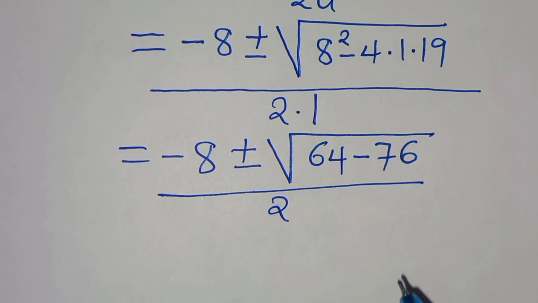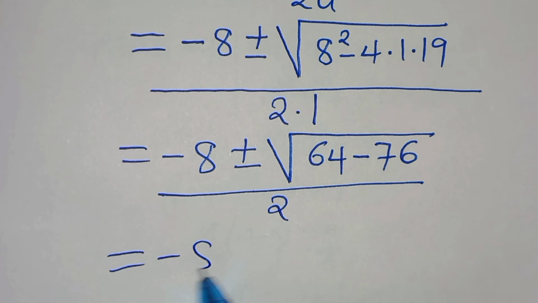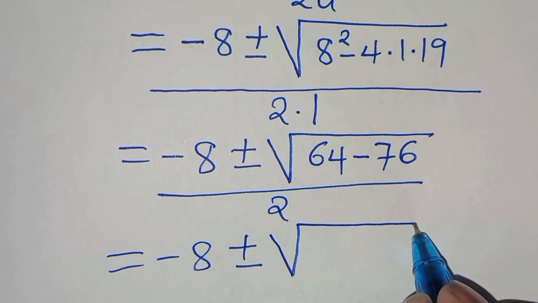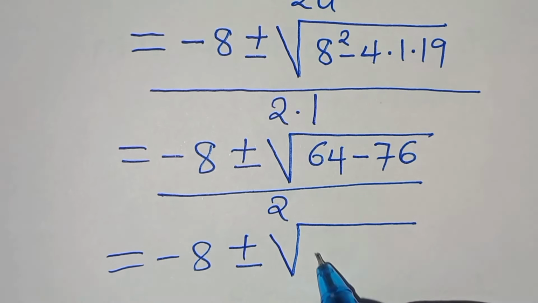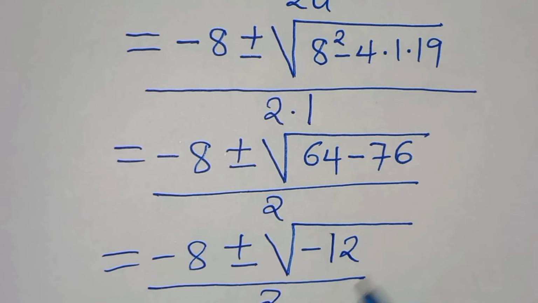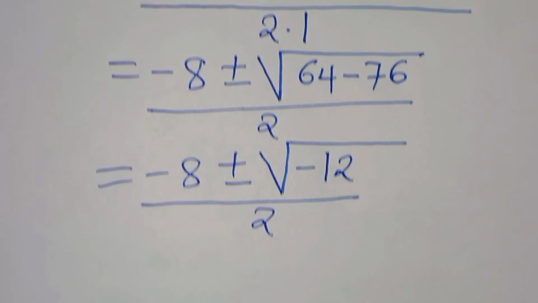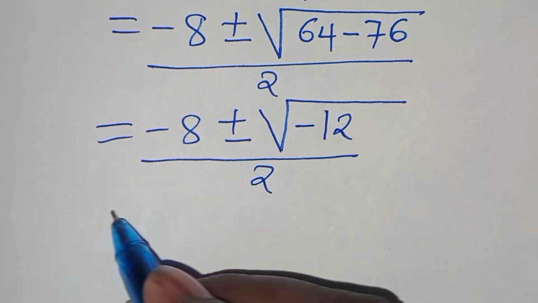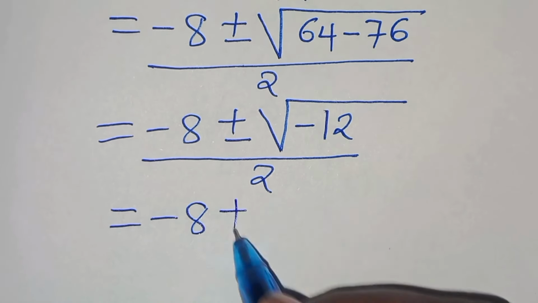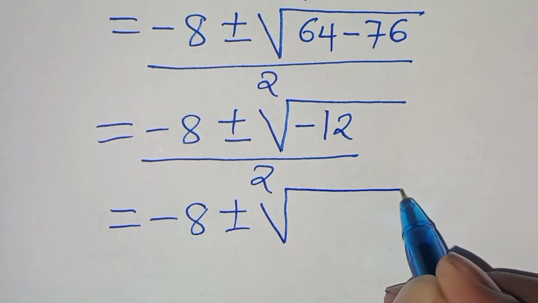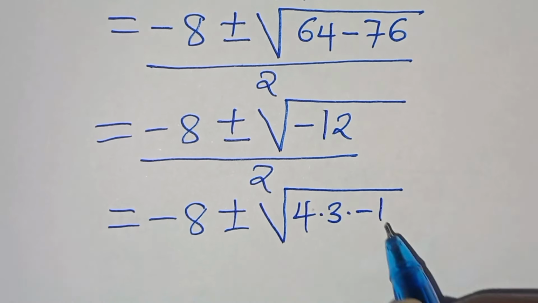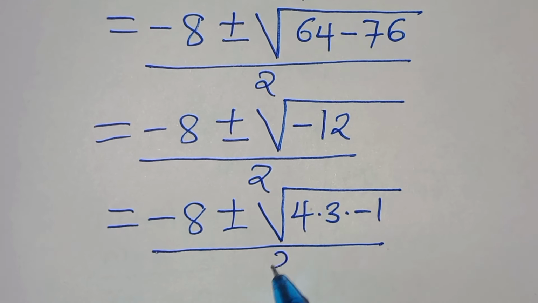Now, this is minus 8 plus or minus the square root of 64 subtract 76, this is minus 12, divided by 2. We can express the square root of minus 12 as the square root of 4 multiplied by 3, multiplied by minus 1, everything here divided by 2.